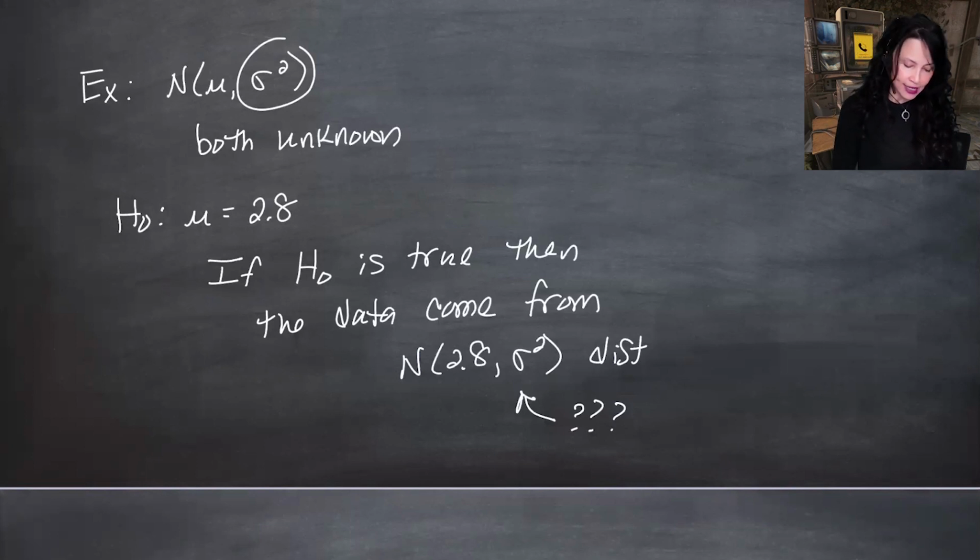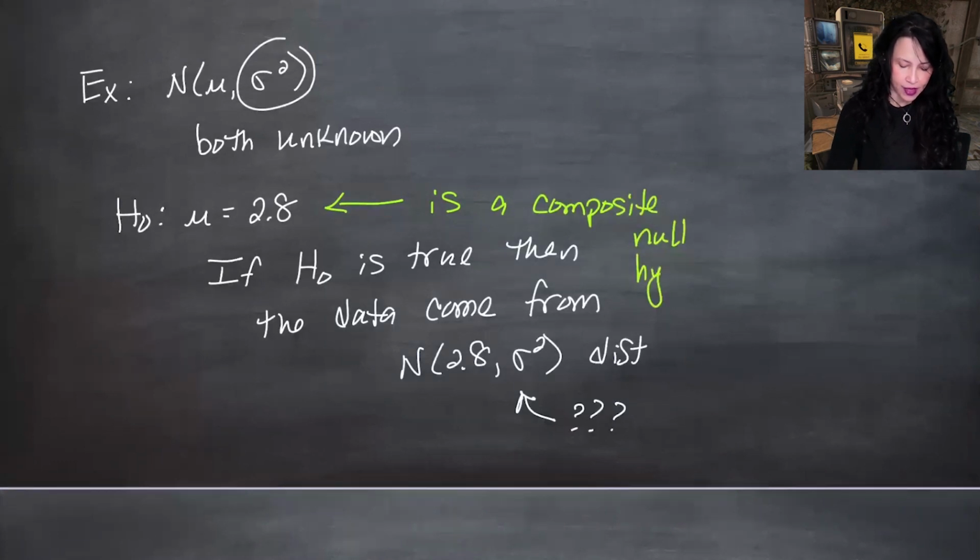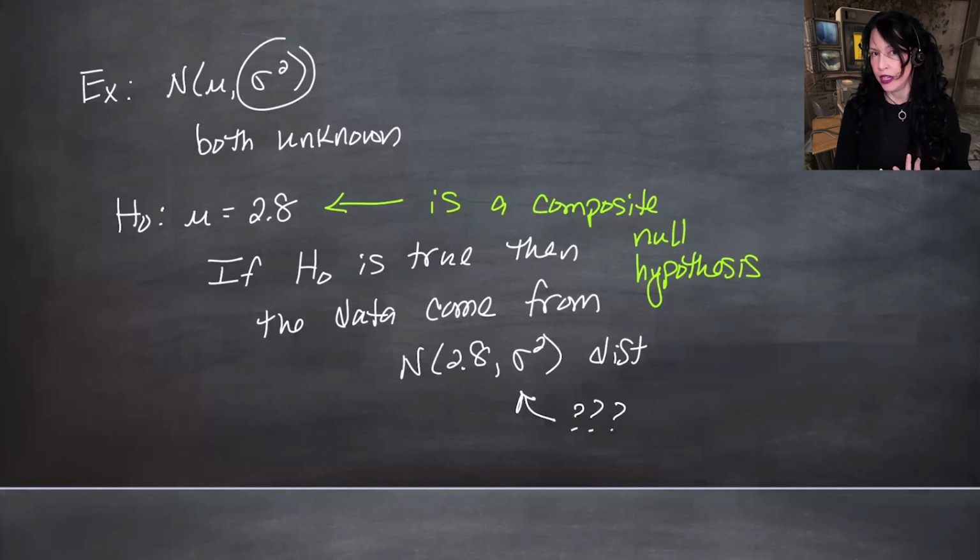That means that in this example, this is not simple, therefore a composite null hypothesis. So a simple hypothesis completely determines the distribution. If you know that hypothesis is true, then you know exactly what distribution you're working with. Otherwise, it's a composite hypothesis. And we can talk about the null hypothesis being simple or composite, and the alternative being simple or composite.